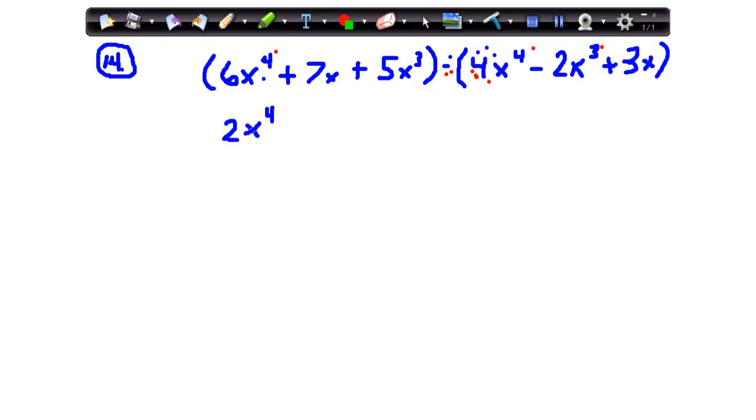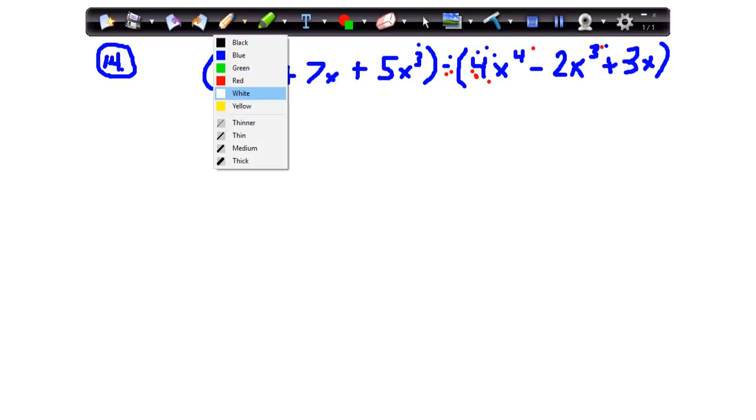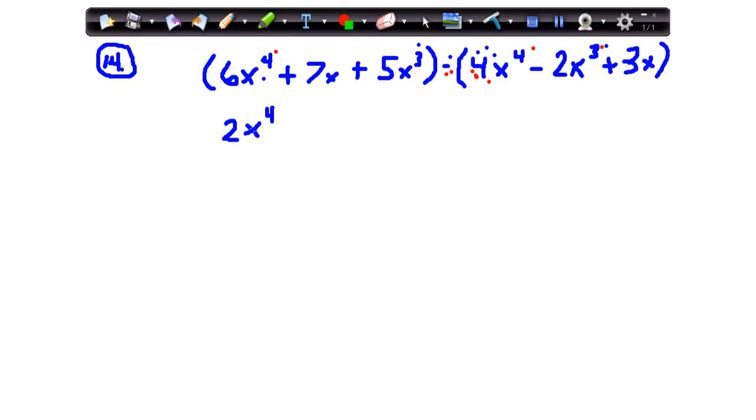So now we look at the terms with the next largest exponent, which is the exponent of 3 here and this one here, and we'll combine those, right? So a plus 5x to the third and a negative 2x to the third, what do we get? But now you got to remember something here. Let me get my little red so you can see what I'm talking about. Yes, we do have a negative 2x to the third, but remember what you have out here.